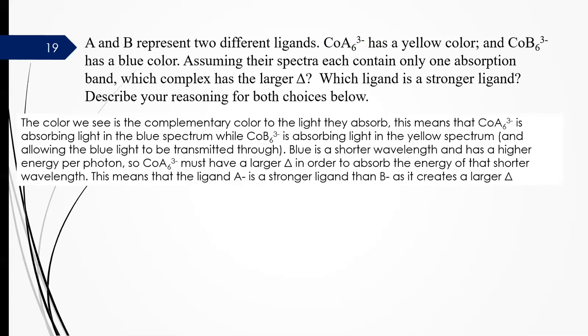Basically, the blue is the shorter wavelength, and so it has the higher energy. So our cobalt A6 must be the larger one, and that means that ligand A minus is a stronger ligand than B because it creates a larger gap. Okay. Any questions on that part?